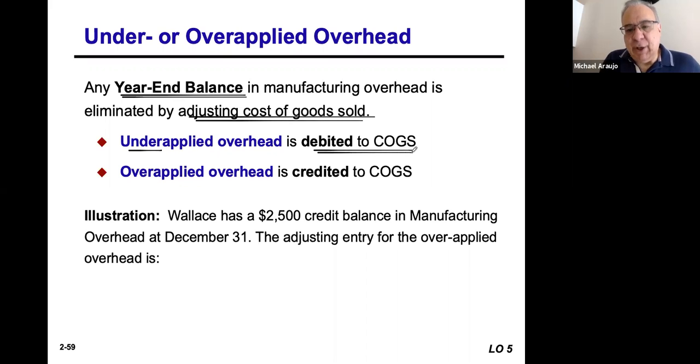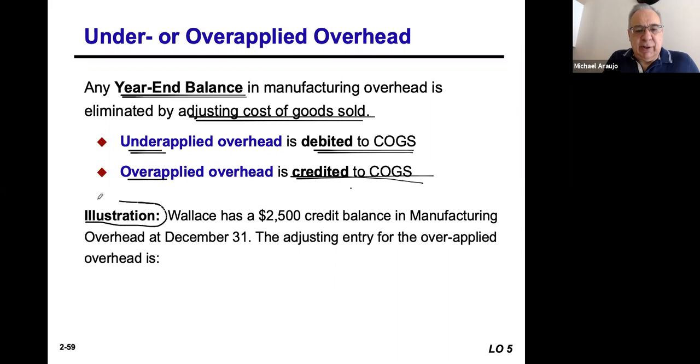We're simply increasing the cost of goods sold and increasing that particular expense, because in essence, we under-applied it when we did our work. So we really have to add the rest back. However, if we over-applied the overhead, we're going to have to reduce our cost of goods sold by crediting it, because we costed out too much of the overhead in those jobs. And so we're going to adjust it.